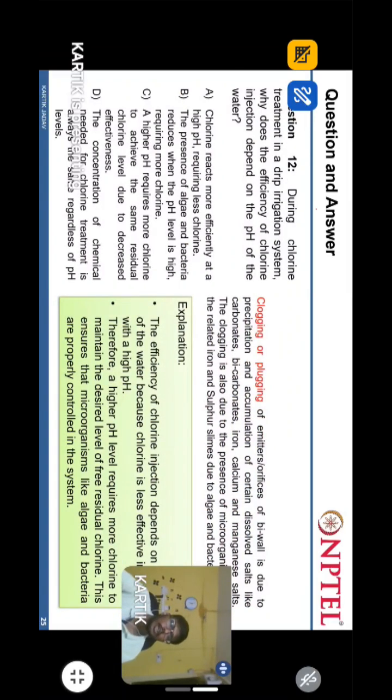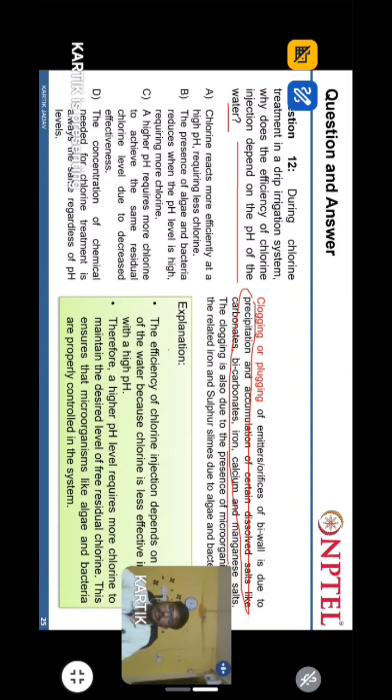Question number 12. During chlorine treatment in a drip irrigation system, why does the efficiency of chlorine injection depend on the pH of water? So we know that clogging or plugging of a drip emitter or orifice of a valve is due to the precipitation and accumulation of certain dissolved salts like carbonates, bicarbonates, iron, aluminum, calcium, manganese salts, right?